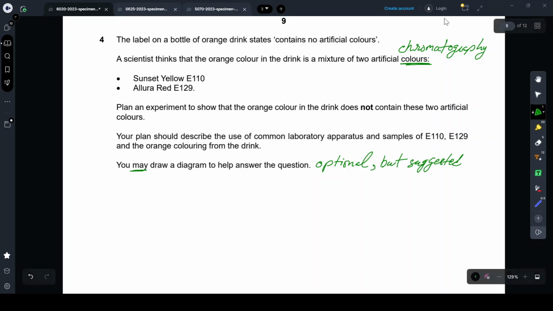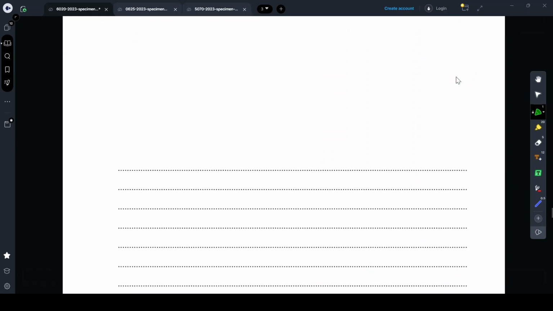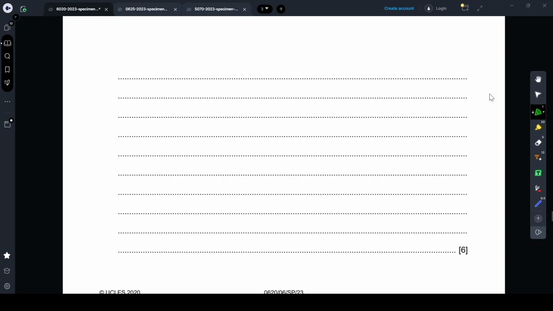Now, do you remember how chromatography is done? We need a beaker for this. The beaker will come in later. First of all, do you remember the steps of the technique? We draw a horizontal line.